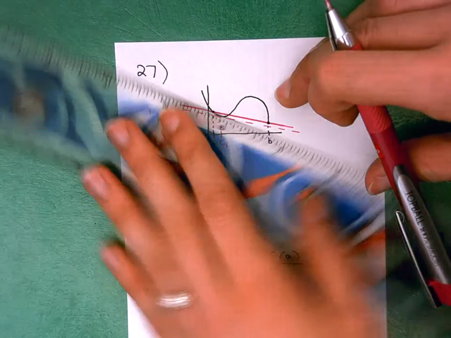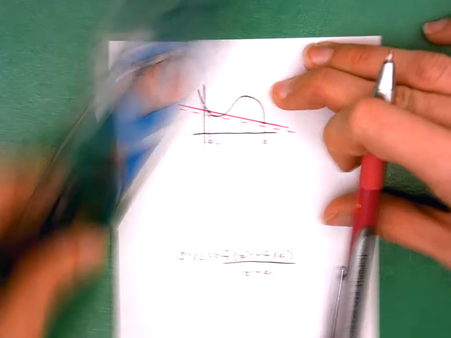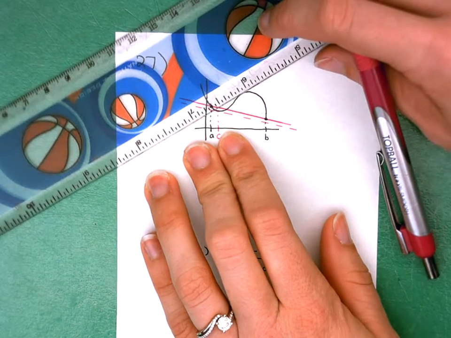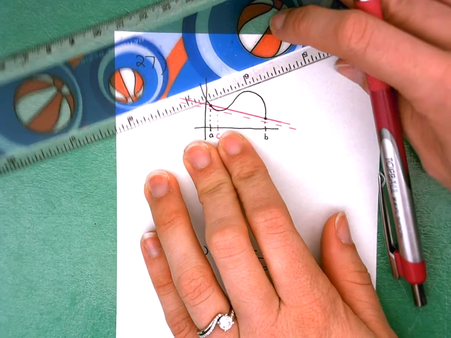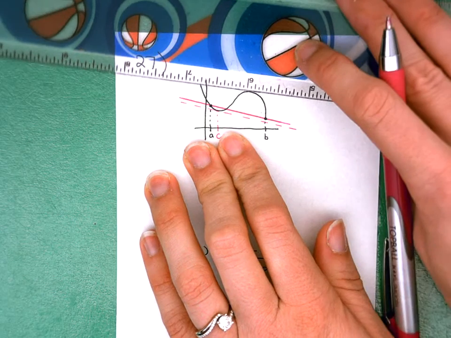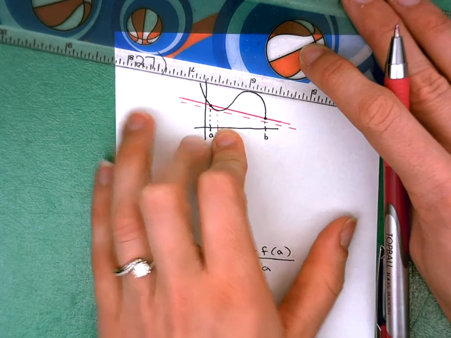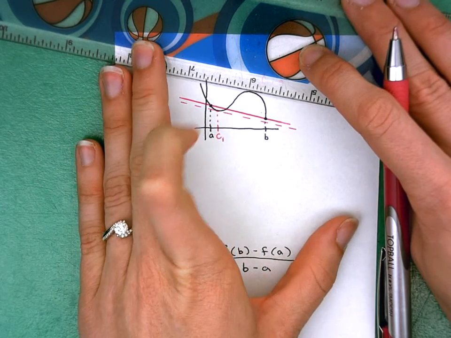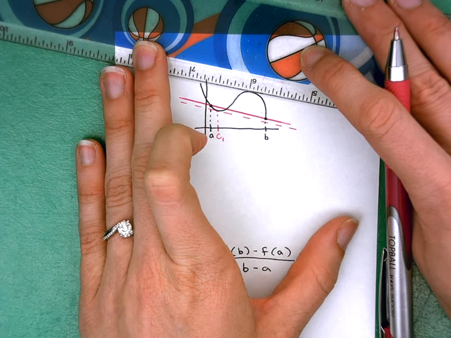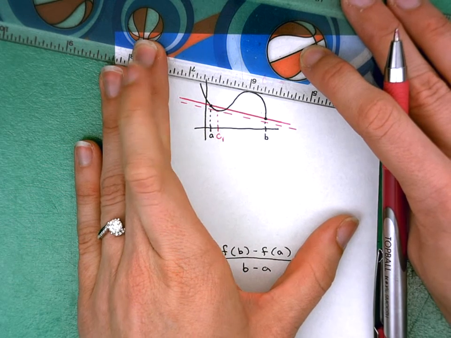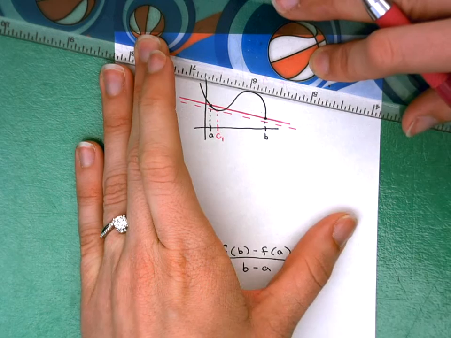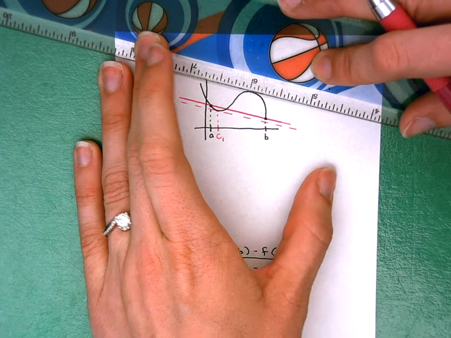Right? I'm going to look at my tangent lines on this other side of the graph, and as I kind of trace my ruler, again sort of mimicking the tangent line here around the graph, I notice that right here, again right around the peak of that relative maximum, I have another tangent line that's parallel to my original AB.